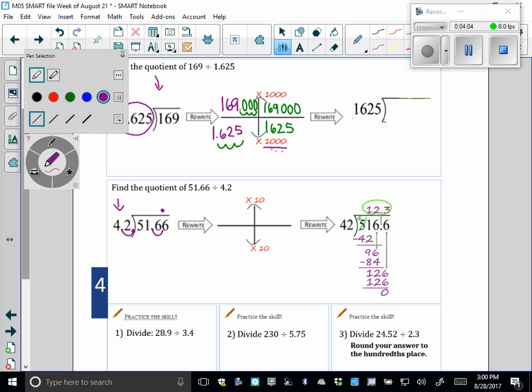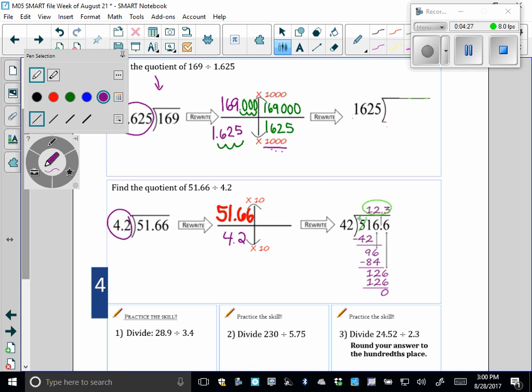So before we got to that, one way to think of it is that this is 51.66. Make that a little skinnier. And I'm going to divide by 4.2. All of this is saying is the way we move the decimal is by multiplying by 10 or 100.